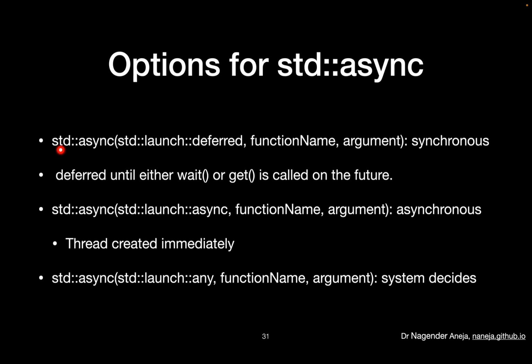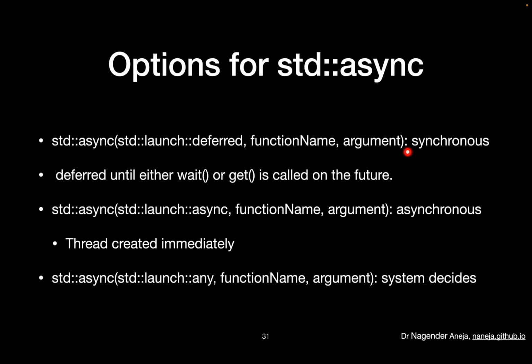The first option is std::launch::deferred. If you call std::async, we pass the first option, that I want deferred. Second is the function name that should be executed by the thread, that we want process_order, and the order ID to be used for this function.